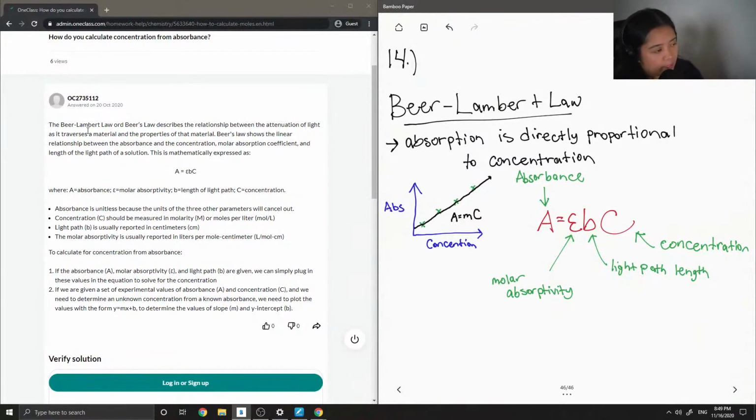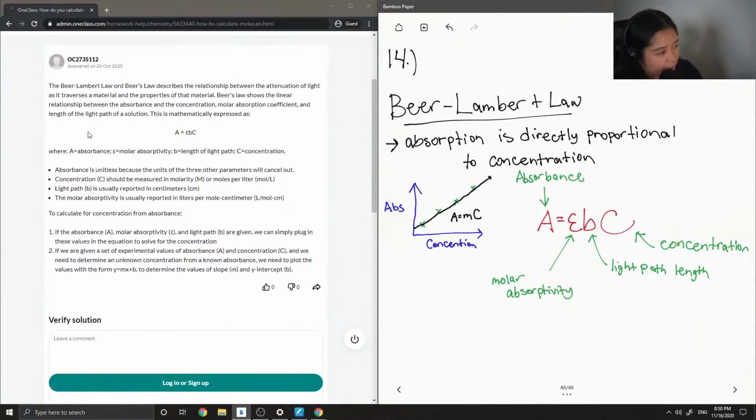This is mathematically expressed as A equals molar absorptivity times B times C. Absorbance is unitless because the units of the 3 other parameters will cancel out.